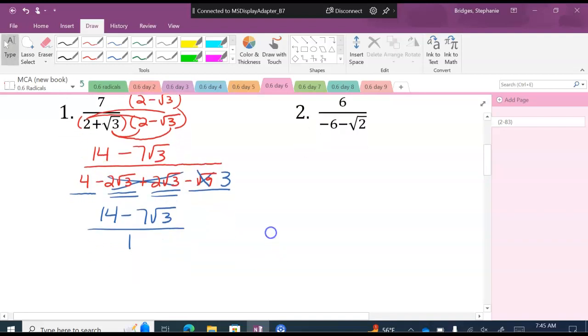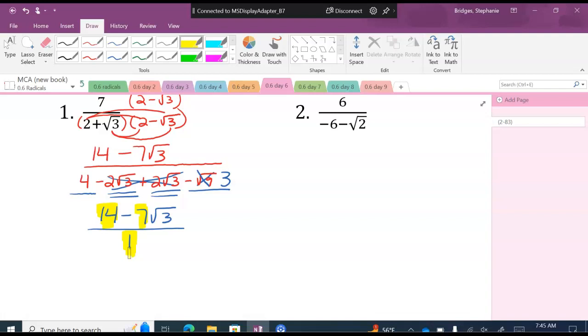And then I would try to simplify. However, the only way you can simplify these is if the number in front of the radical, the constant, and the denominator all have something in common. If they don't all 3 have something in common, then we cannot simplify. Not just 2 of them, but all 3 have to have something in common.